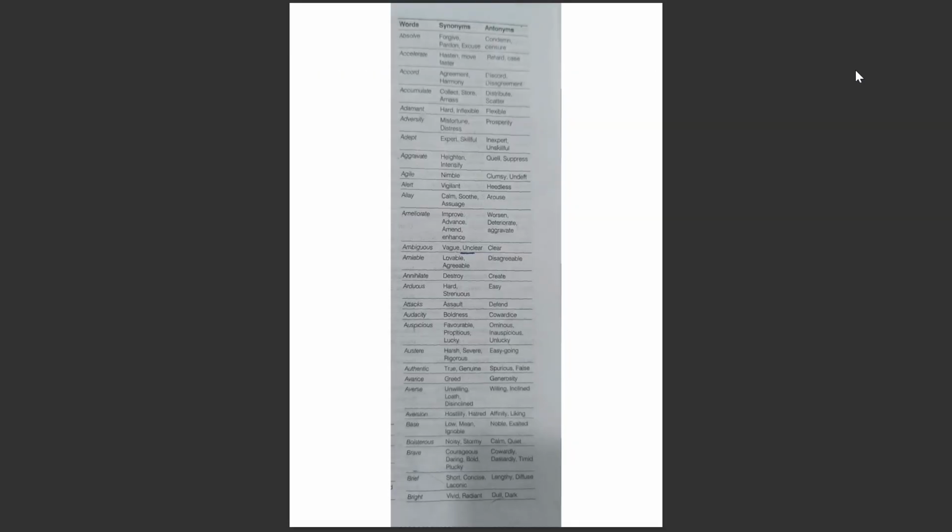Next word is absolve. Absolve might sound similar to dissolve, but these are not same words. Dissolve का मतलब होता है घुल जाना, घोल देना, whereas absolve means to pardon someone, to forgive, क्षमा दे देना. Absolve the matter.